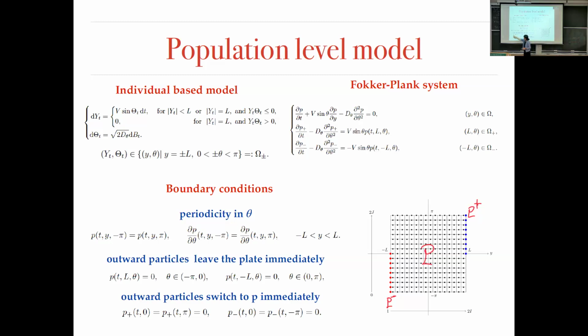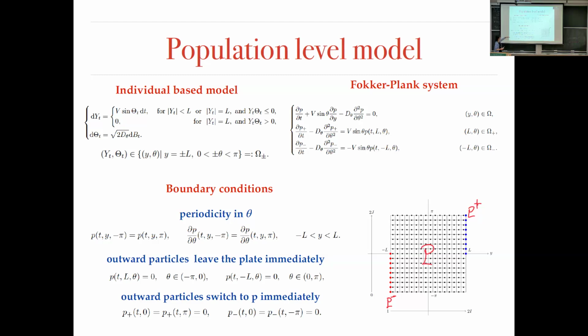This quantity gives you the fact that those cells near the boundary, very close to the boundary, if their movement direction goes outward, would go away immediately. So this is why it should be 0 here.